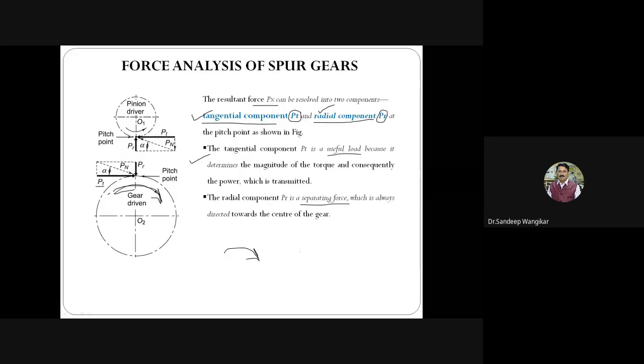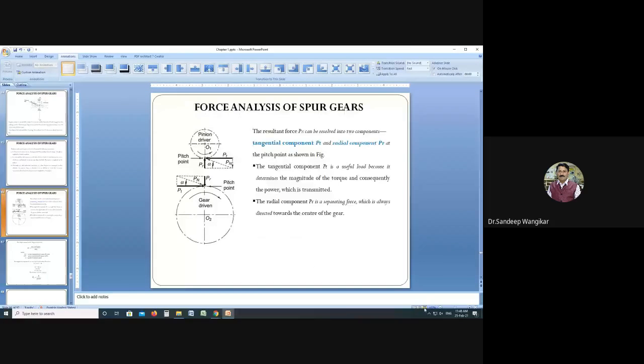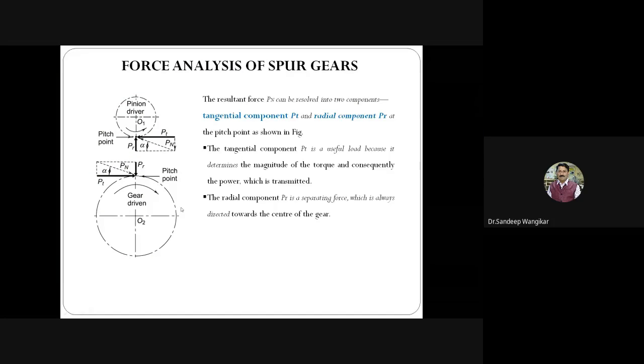Now, one more point is the direction. I will clarify the directions. The direction of the PT tangential component is always in the direction of rotation for the gear, and opposite for the pinion. Once again, see here, as PT is in this direction, the gear is rotating. Therefore the direction of PT is always in the direction of rotation, and PR is always directed toward the center.